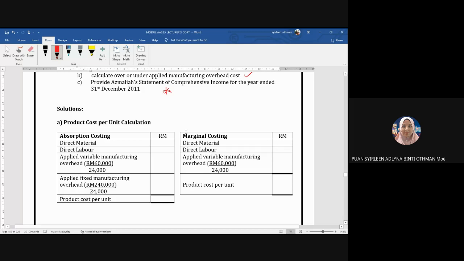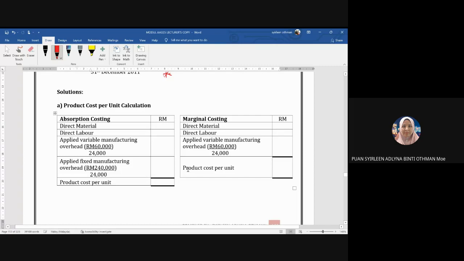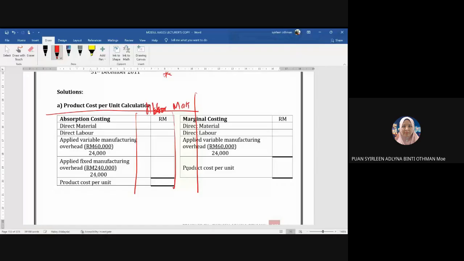Kalau you tak buat table, dia ada dua cara sebenarnya. Satu cara, awak senarai semua ni. Lepas tu you letak absorption dekat atas. Lepas tu tepi dia you buat marginal. Kira sekali. So dia ada satu table je. Tapi item dia dah dekat tepi lah ya.